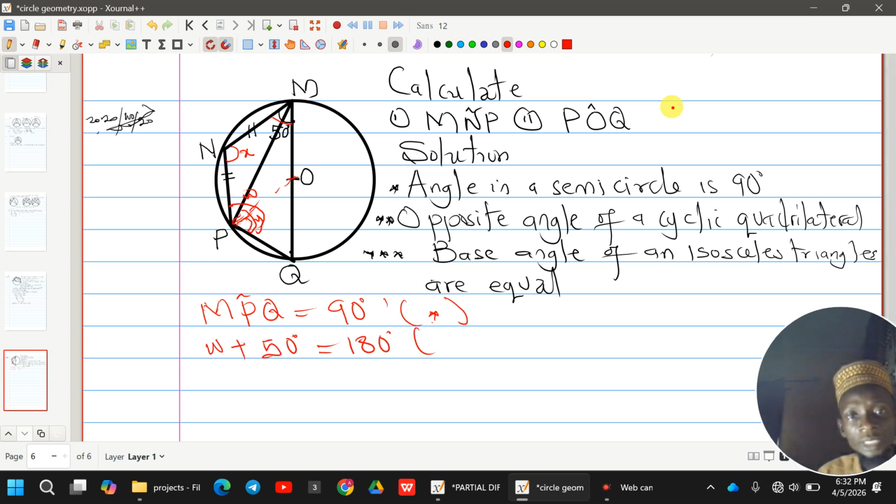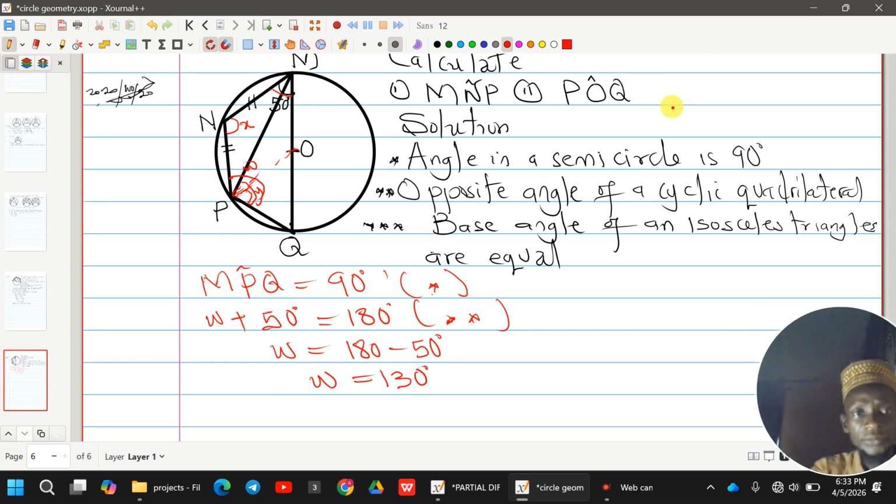Why? That is opposite angles of a cyclic quadrilateral. You don't get it? It's as simple as that. So we can get 180 minus 50, which will be equal to 130 degrees.